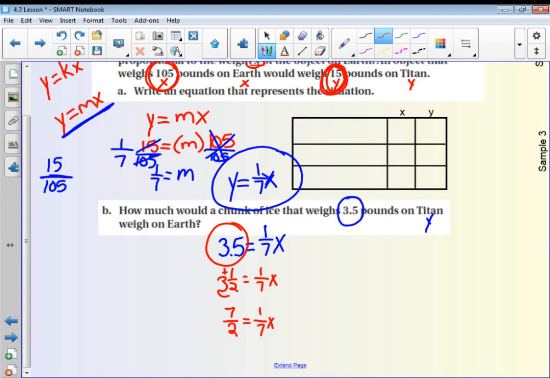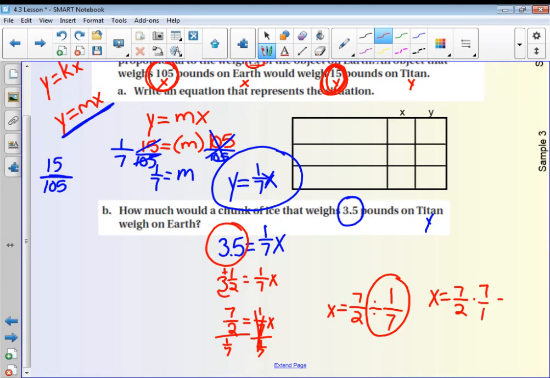Okay, now I want to get x by itself, so I would divide by 1/7. Okay, so now I have x equals 7 over 2. You guys are used to seeing it written like this when you're working with fractions, which means I'm going to keep, change, and flip. So x is going to equal 7 over 2 times 7 over 1, which becomes 49 over 2.